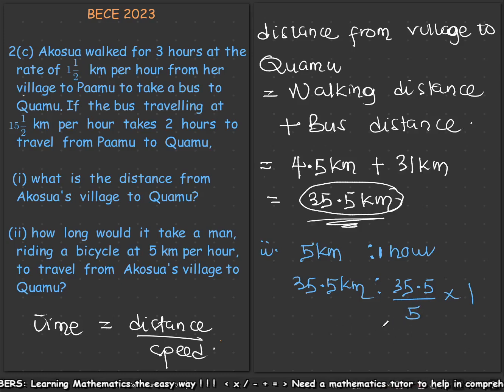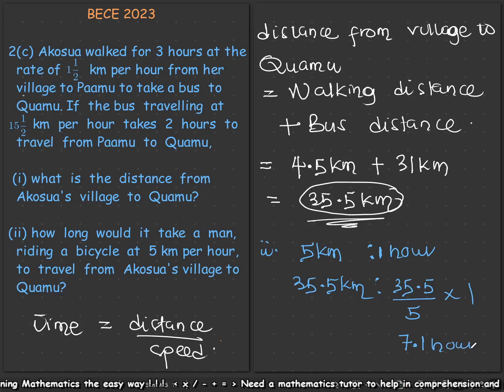And that gives us 7.1. Remember your unit, so hours. So he's going to need 7.1 hours to travel. Now you can convert the 0.1 hours into minutes and let me know in the comment section if you're able to do it. That's well done. So 7.1 hours is actually 7 hours 6 minutes.